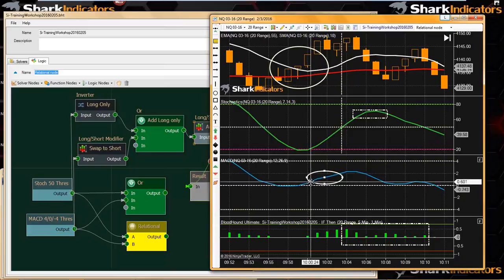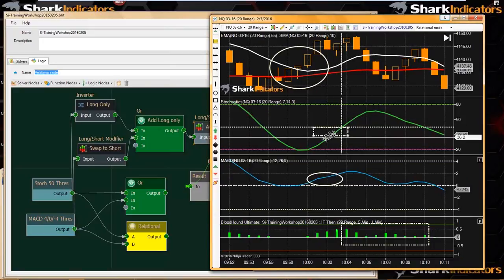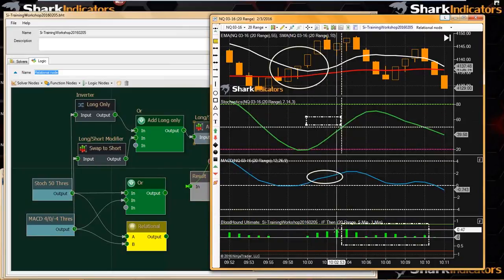And that's because over here, the MACD is increasing on the positive side, but our stochastic doesn't have a positive output yet. It's negative. So basically we're taking the MACD minus 0, and therefore the output's rising.